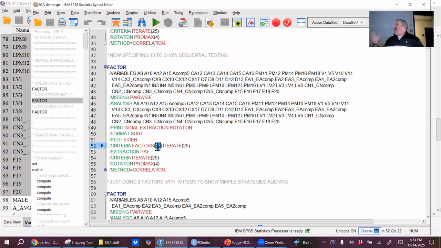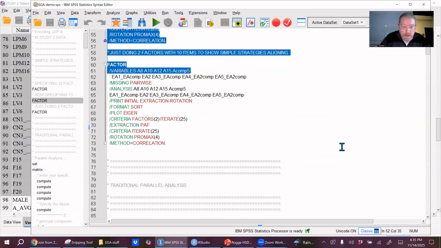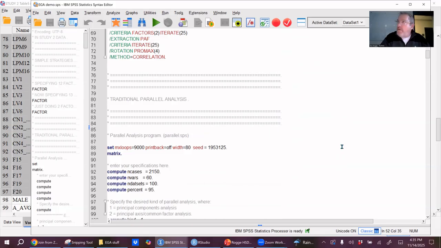So extract it if it has an eigenvalue of 1 at least. You don't actually have to say anything because it defaults to 1. If you're going through the window to create it, you can just not touch that and it will put min eigen 1 there for you.